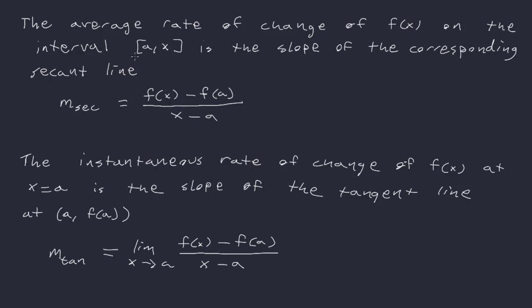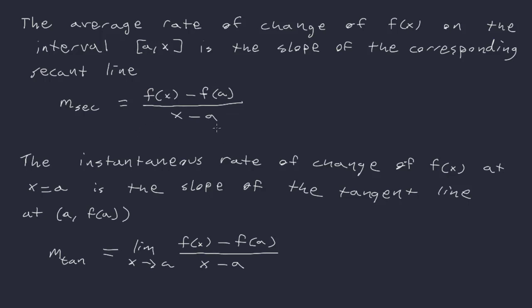Like I said, when we talk about the limit, we tend to want to put it in terms of x. And then the instantaneous rate of change of f(x) at x equals a is the slope of the tangent line at (a, f(a)).